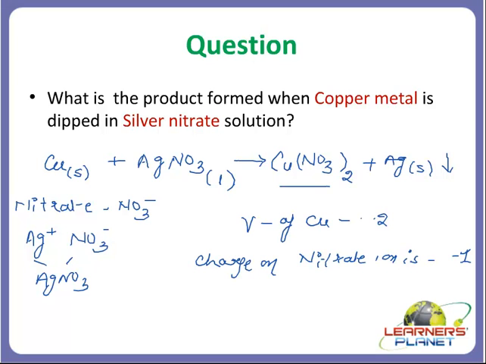So if I am writing here copper 2, nitrate 1, I'll cross multiply the numbers only. Okay? So don't cross multiply the signs. Okay, students? So I'll write it here, don't cross multiply the signs.